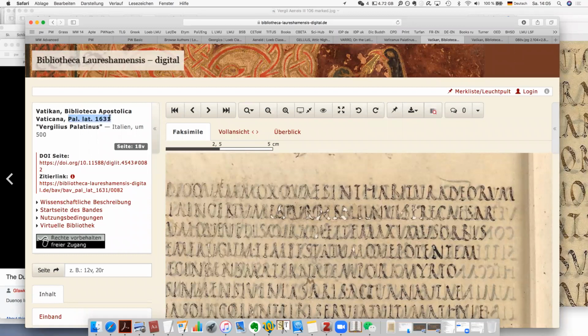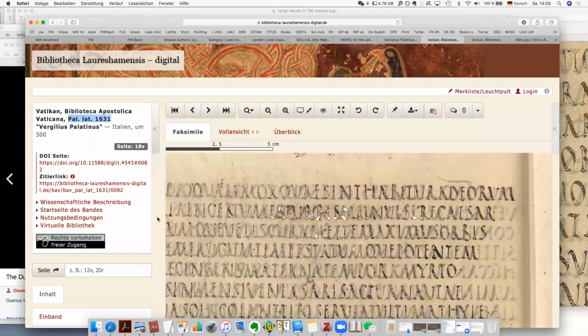If you go to the library yourself, they have a reading room, and you enter the reading room, and there's a computer there. You put this number, Pal. lat. 1631, and you search, and you find the item, and then you click demand. You ask for this manuscript, and then you wait like 10 to 20 minutes, and they will bring the manuscript to you. So this is actually the number of the manuscript in the Vatican library.